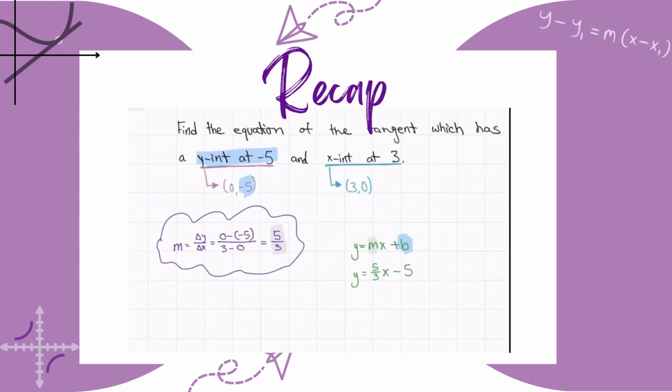The main thing that we want to take away from this particular question is knowing that the y-intercept means that our x value is 0, and our x-intercept means that the y value is 0. So when approaching a question like this, where it gives us either the x or y-intercept, what we want to do first is convert that into a coordinate point.